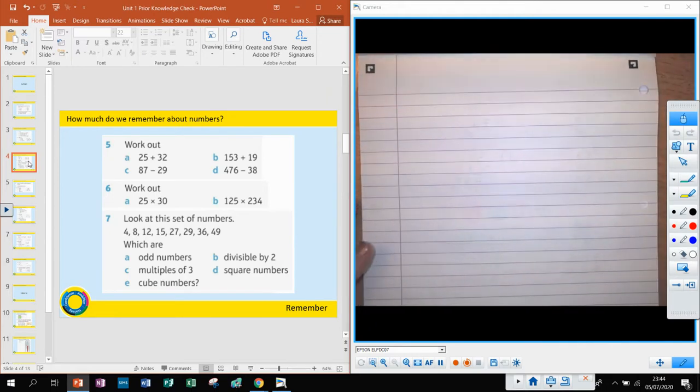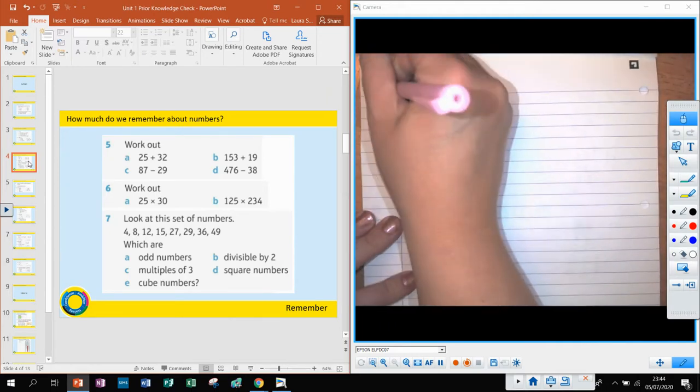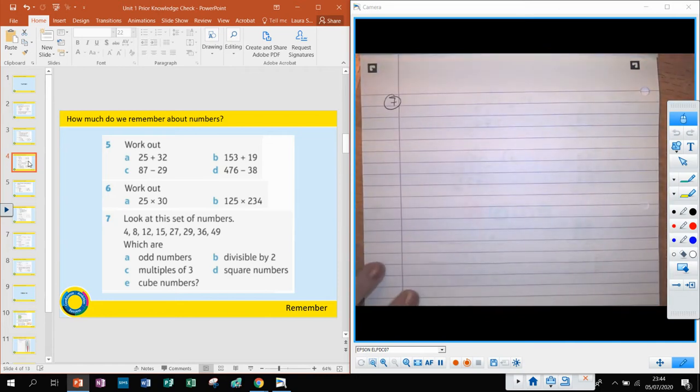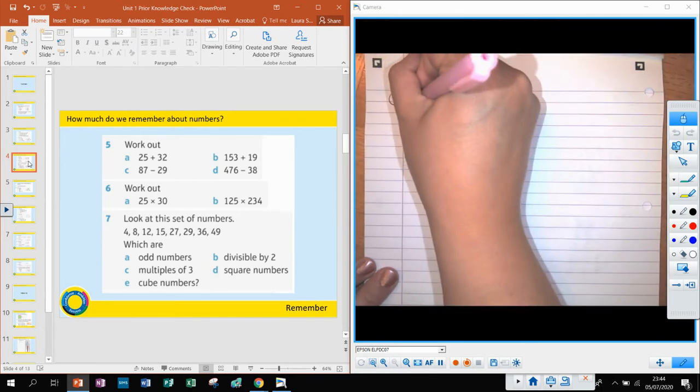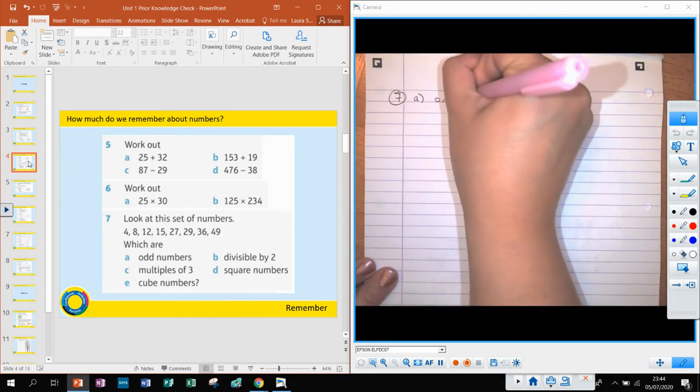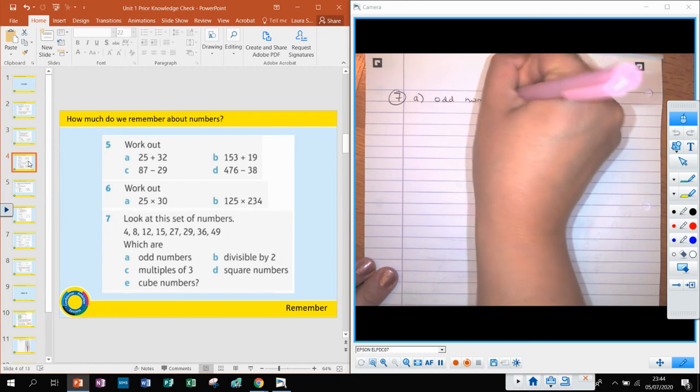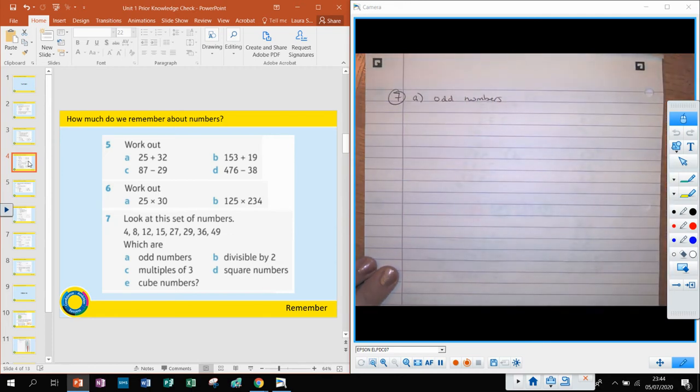Okay, so question 7. Right, look at the set of numbers, 4, 8, 12, 15, 27, 29, 36, 49. Which are odd numbers? Okay, so we've got a list, and we need to find the odd numbers. Now, what you need to remember is what an odd number is.